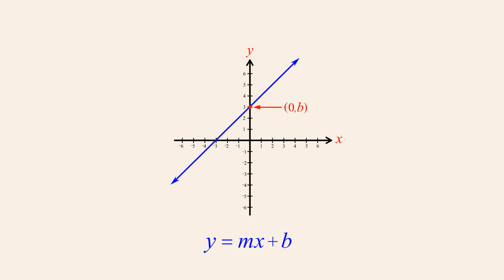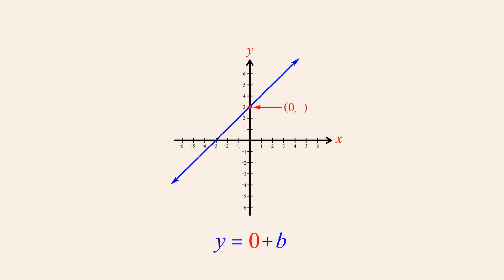The first coordinate of the y-intercept is always 0, because every point on the y-axis has an x-coordinate of 0. Since we know that x is 0, we can find the y-coordinate by making the value of x 0 in the equation. This makes the first term in the equation m times 0, which is just 0.